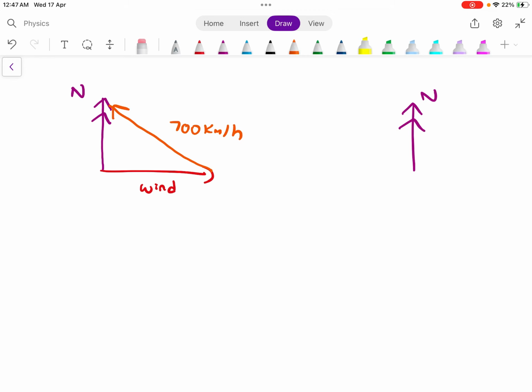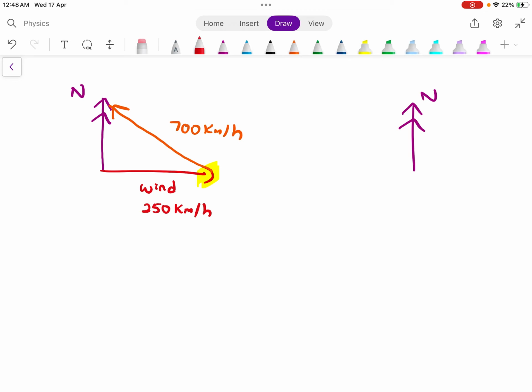So you can see the vector addition, where the head is connected with the tail. Then of course the wind is about 250 km per hour from the west. Then I point away from the north, but I don't know which direction.